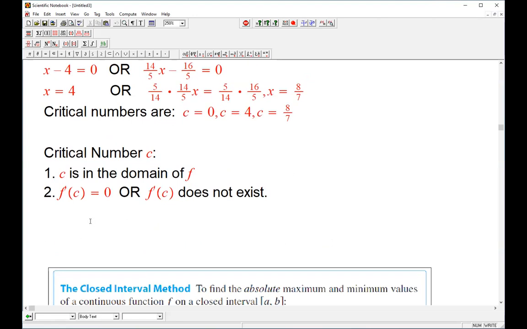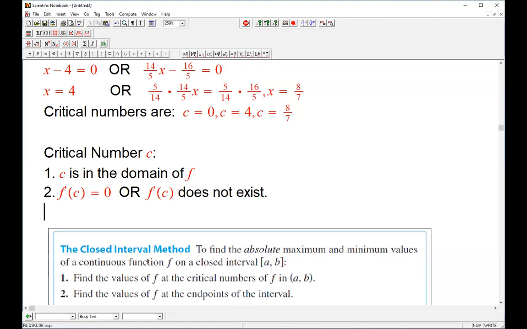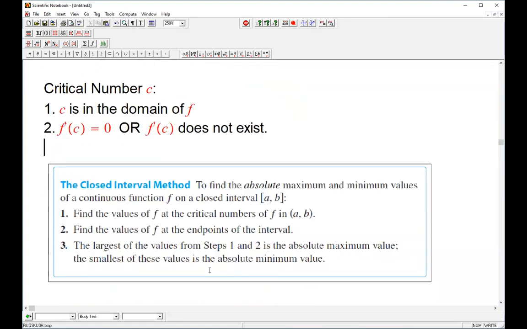All right, so next, we'd like to work out an example on the closed interval where we go through all these steps. The question I'm going to choose is on your homework as well.